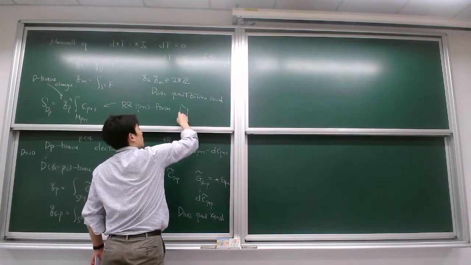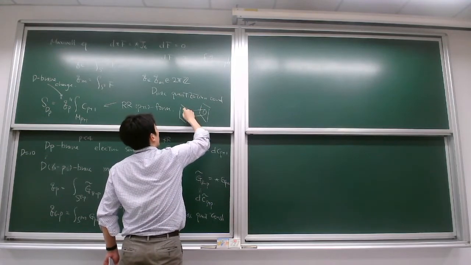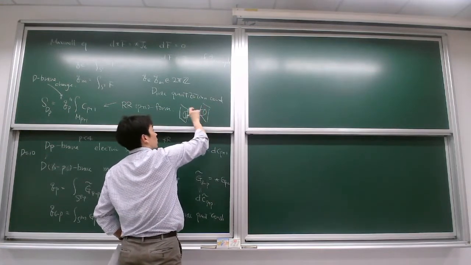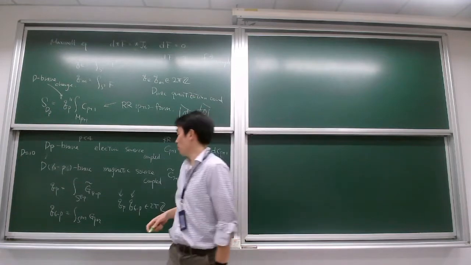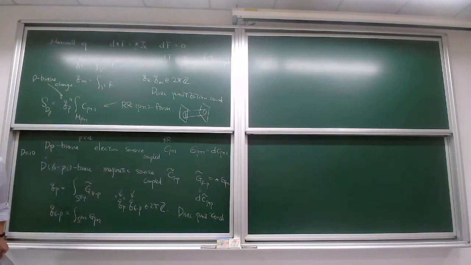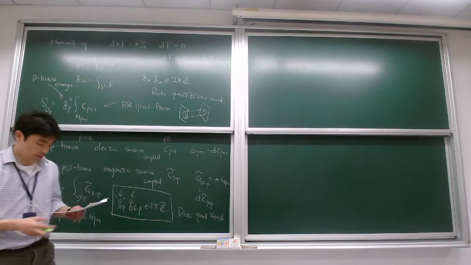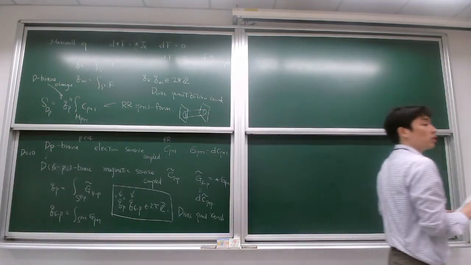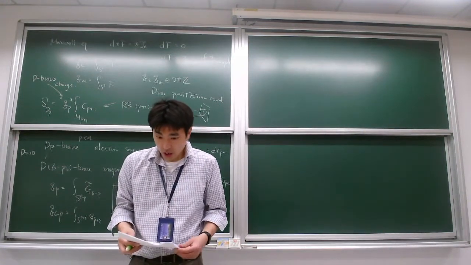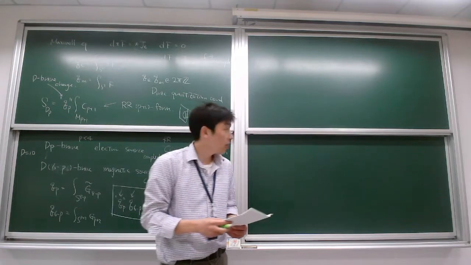For instance, if you have a D-brane and another D-brane, you can have an open string stretching between them, or a closed string moving from one D-brane to the other, and one can compute the D-brane charges explicitly. We will do it later, and we will explicitly confirm that the Dirac quantization is satisfied. That's what we are going to see in a later lecture. So this is the part I missed last time.